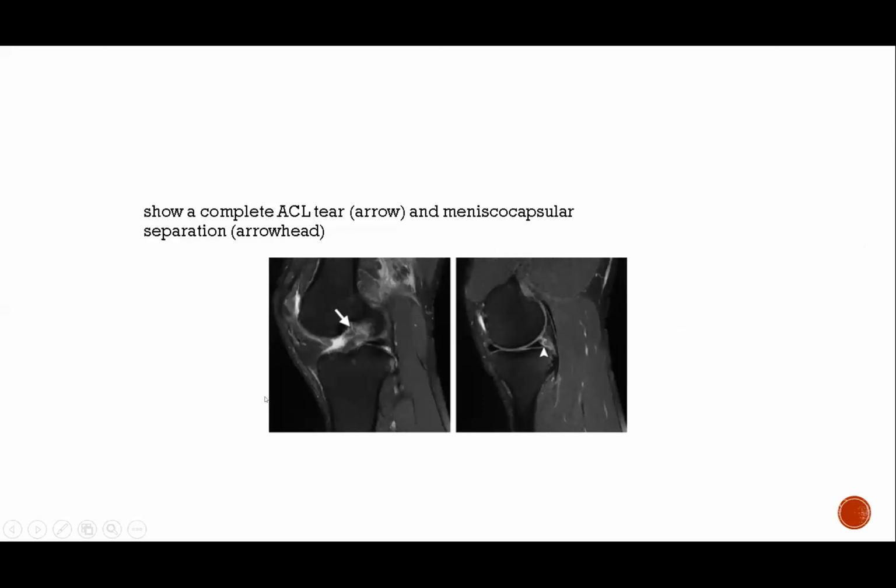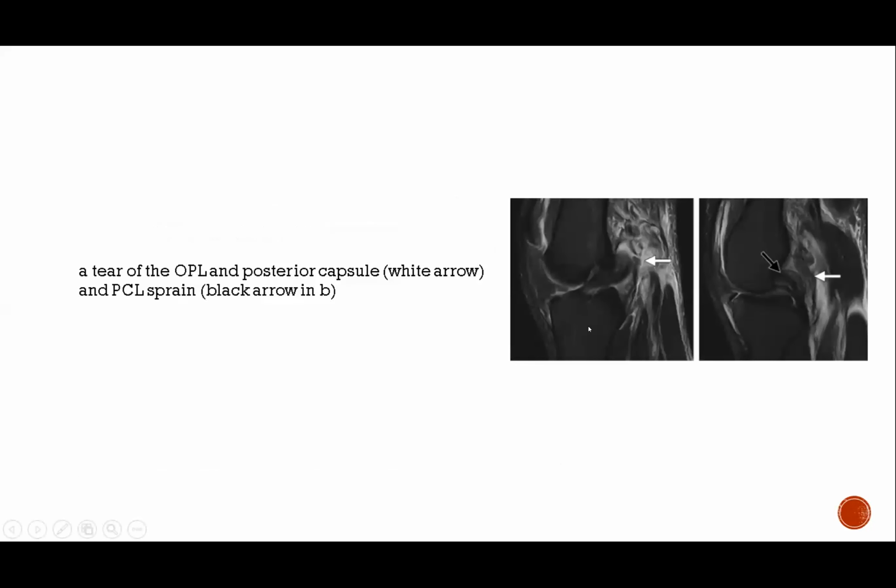So this image shows complete ACL tear and meniscocapsular separation. So we saw the area of oblique popliteal ligament in the previous images. So the absence of that structure shows tear in the oblique popliteal ligament.